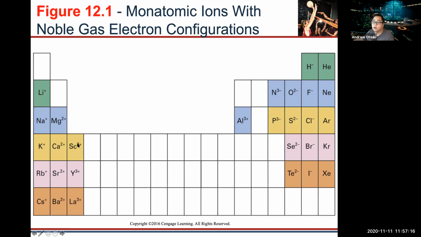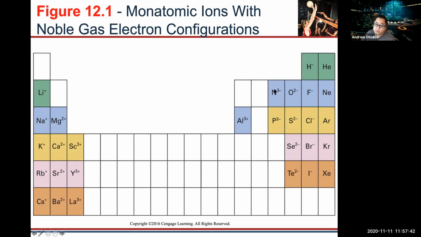And this group here, all 3+, aluminum 3+. So those are all you have to remember. Transition metals, the ones here in white, will have variable charges. So we'll actually have to determine their charges by looking at the anion first in their compounds. But we'll talk more about that later.